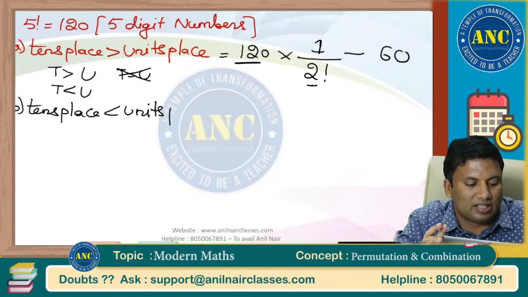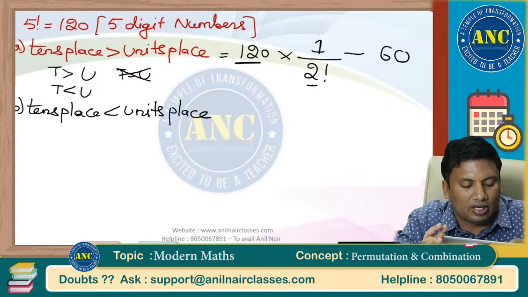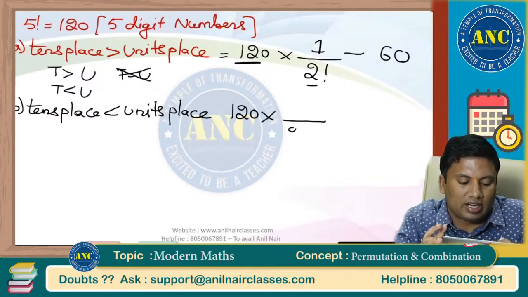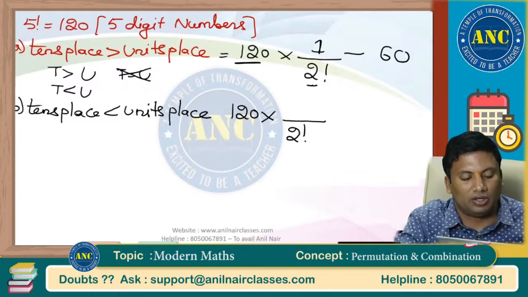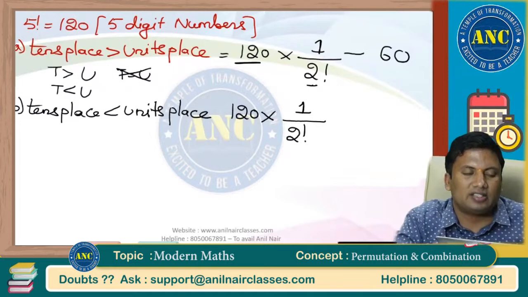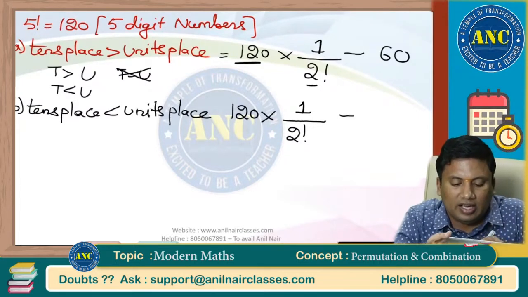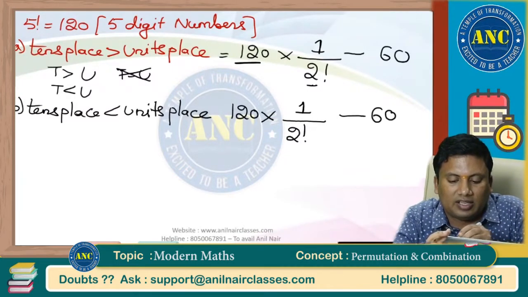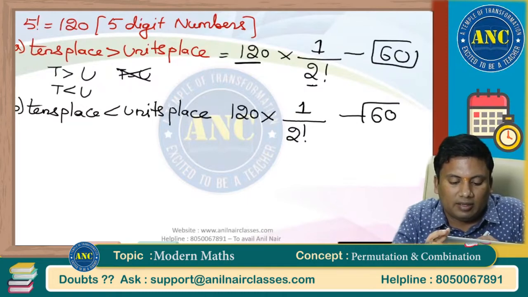Again, total 120 numbers are there. Two place values can arrange among themselves in 2 factorial, out of which one case is tens place less than units place. Again, the answer is nothing but 60.